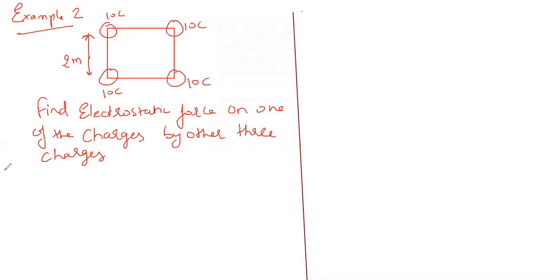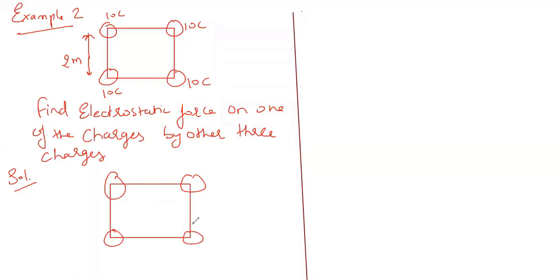So for solving it, what we will do, once again we will make the square, and here we are having 4 spheres, 4 charges, sorry. Now let us name them A, B, C, D. So what we have to do, we have to find the net force on any one of the charges.